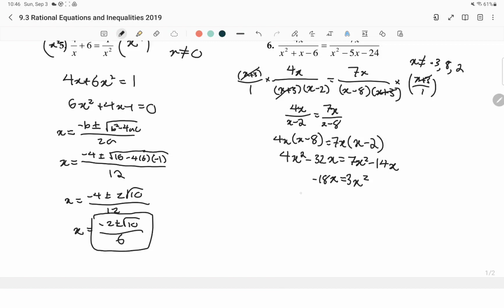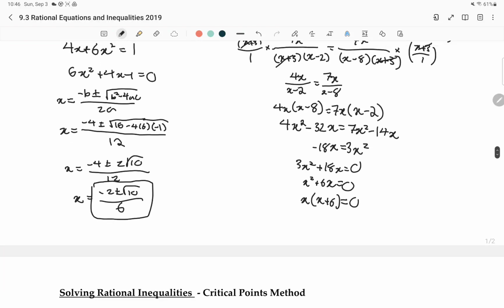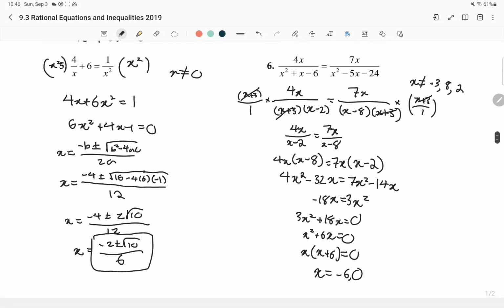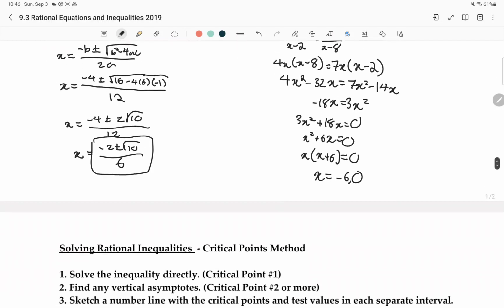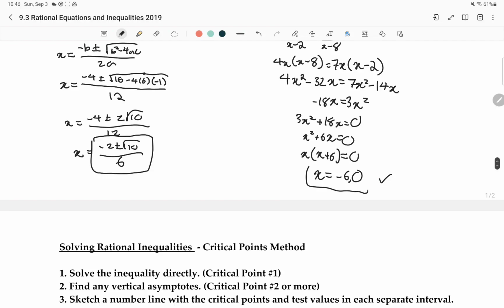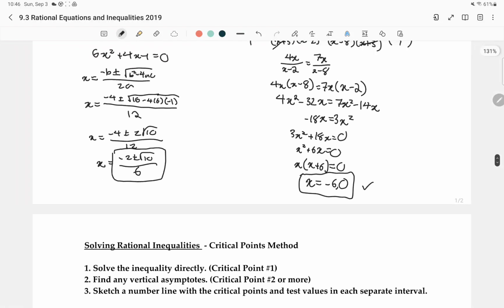And from here we're going to do 3x squared plus 18x equals 0. Divide both sides by 3. Take out an x. This is our final. So it gives us the solutions x equals negative 6 and 0. And that is not one of our extraneous solutions, so this is good. And these are our answers.